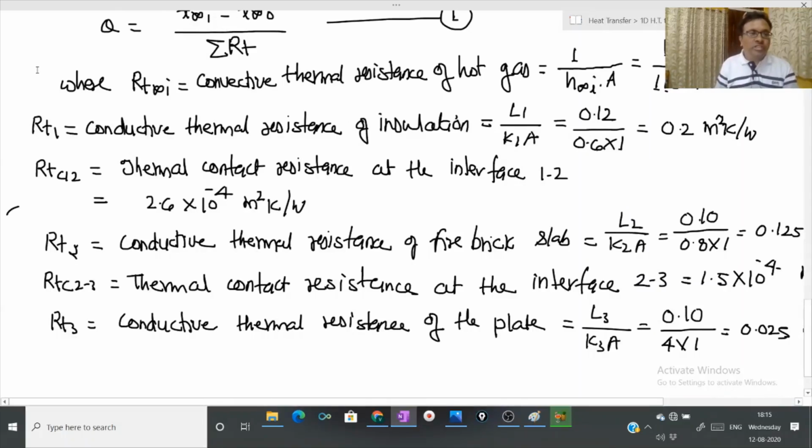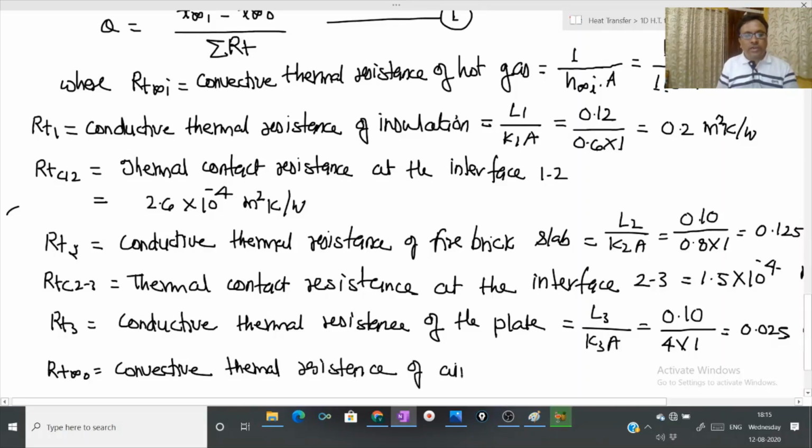So how many resistances we could calculate? 1, 2, 3, 4, 5, 6. And last resistance is RT infinity O. That is convective thermal resistance of air.